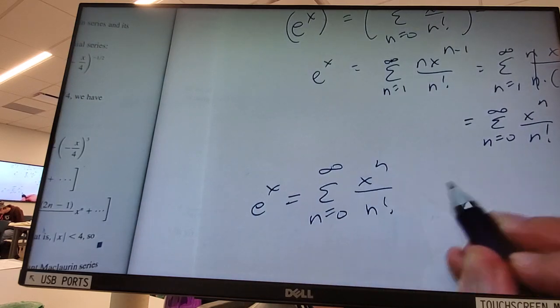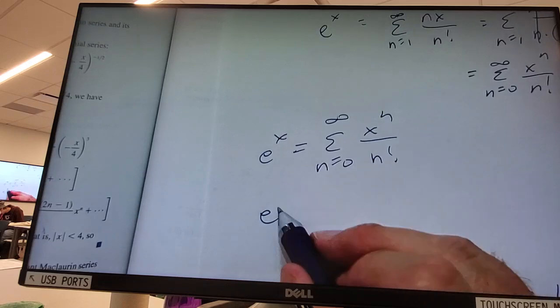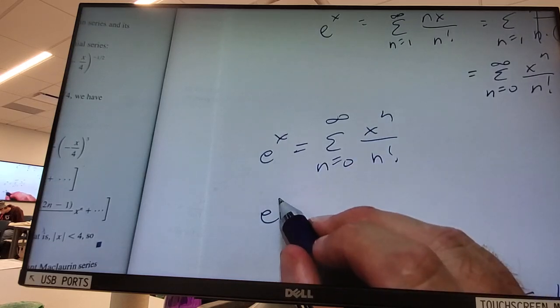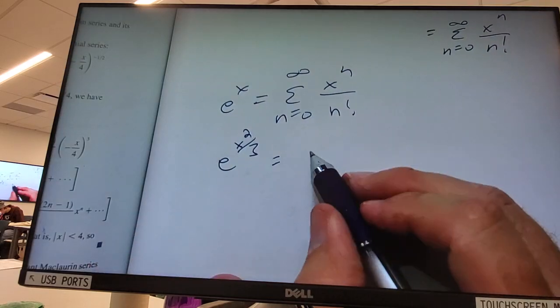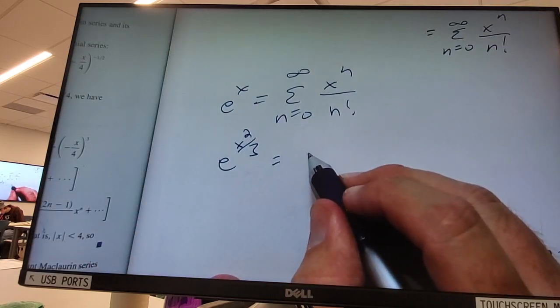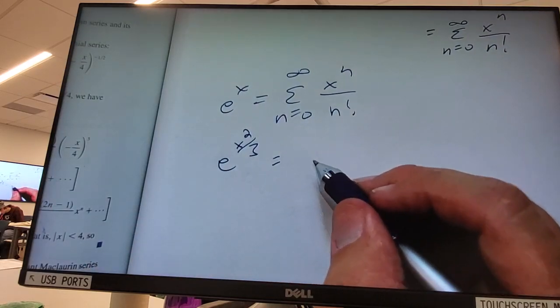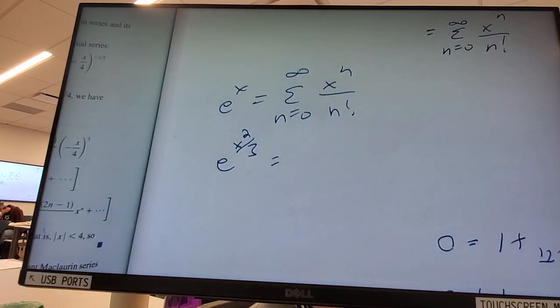So this is true. So what is e to the, what do you got, Jeff? X squared over 3. What do you guys think? If e to the x is the sum of x to the n over n factorial, what is e to the x squared over 3?